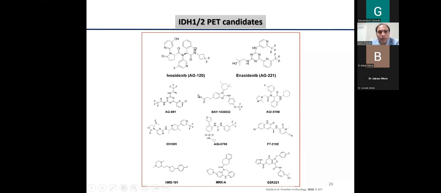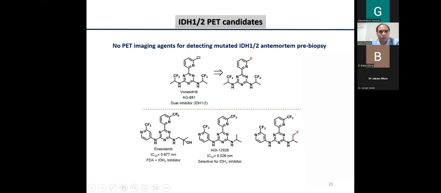We selected one potent molecule to develop as a radiotracer, that is AG881, which contains a chloro group adjacent to the nitro group. So we thought to substitute this chloro group with fluorine-18 to produce a radiotracer.